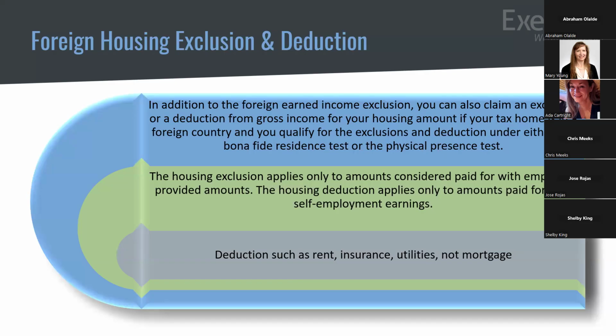This is going to be limited to the lesser of foreign housing costs paid, or the amount of your foreign earned income; you can't exceed your foreign earned income. For purposes of determining the housing exclusion or deduction, a taxpayer cannot consider housing expenses that exceed a certain limit. The limit on housing expenses is generally 30% of the maximum foreign earned income exclusion, but this can vary depending on their location.